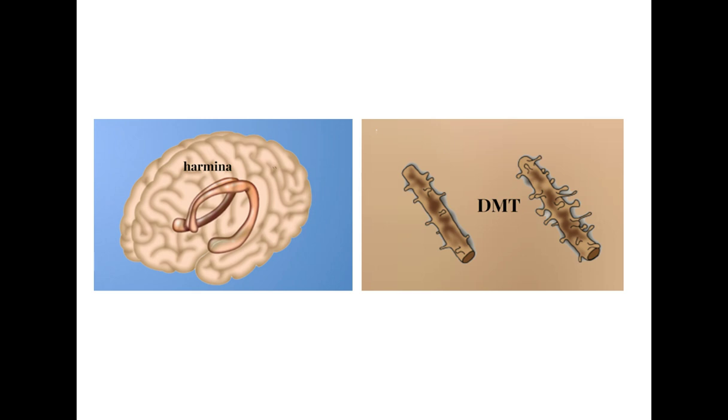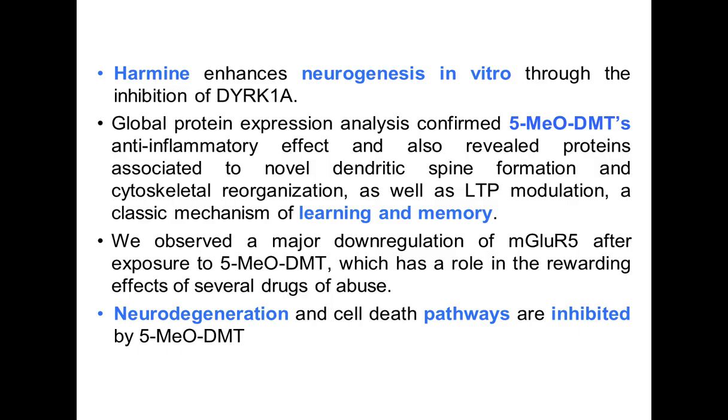The other compound that we studied, and that I showed you in this presentation, is DMT, which, as I mentioned, is associated, at least in our model, with signaling pathways connected, for example, with brain plasticity and with neuroinflammation.